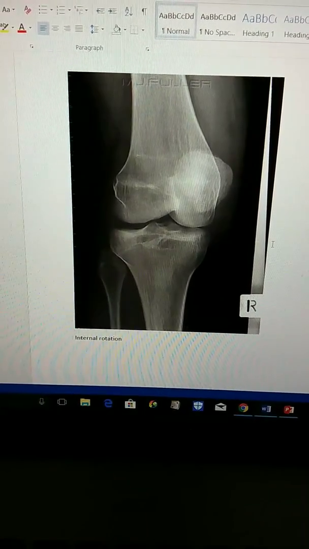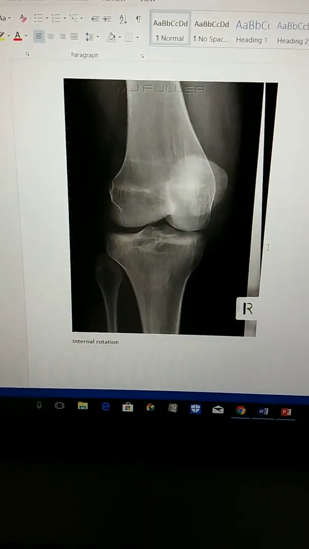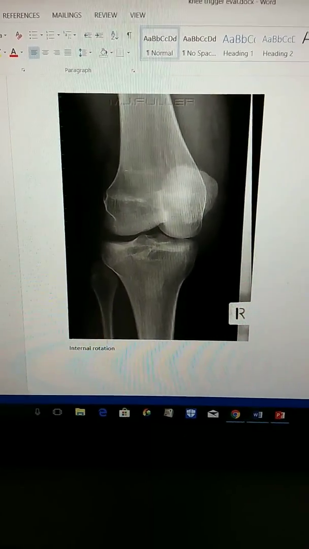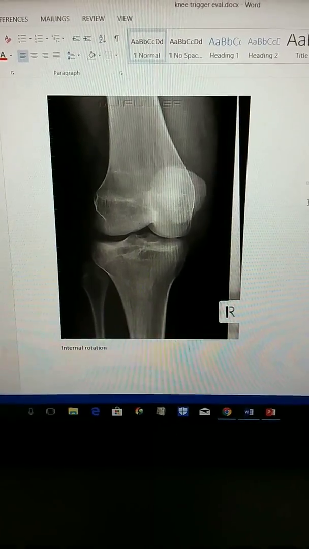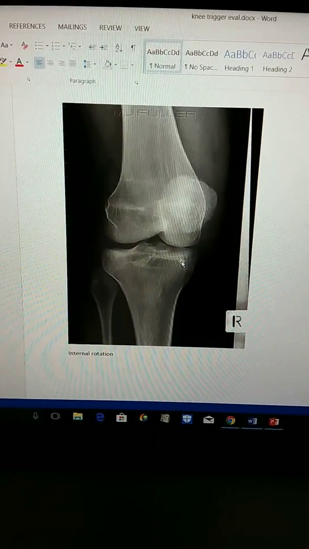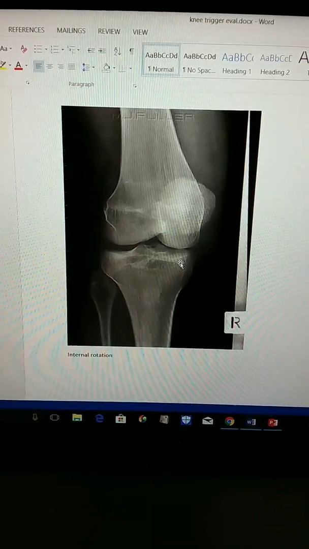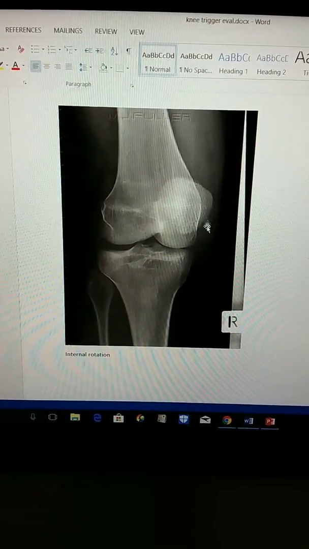The lateral condyles of the femur and tibia, both tibial plateaus are shown, and the margin of the patella is projected slightly beyond the medial side of the femoral condyle.